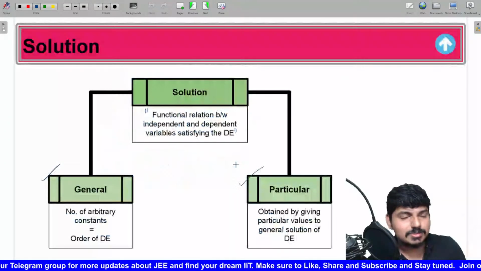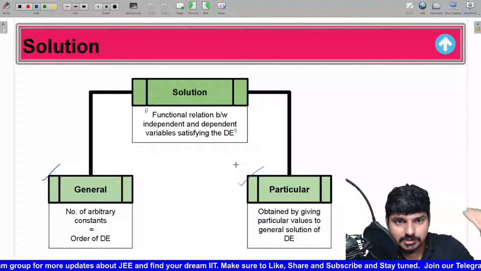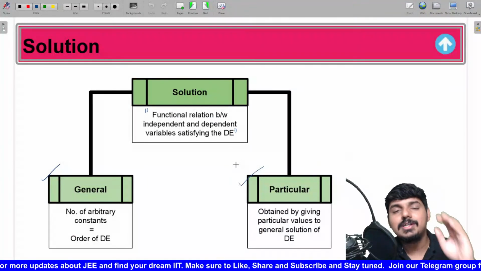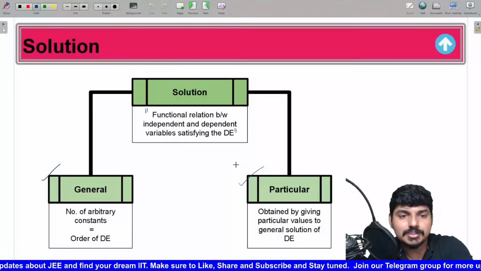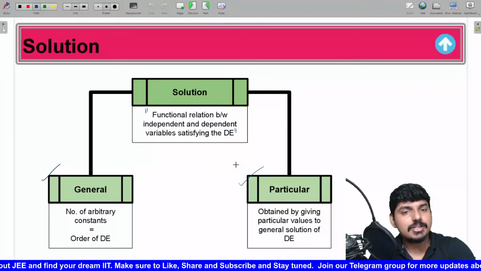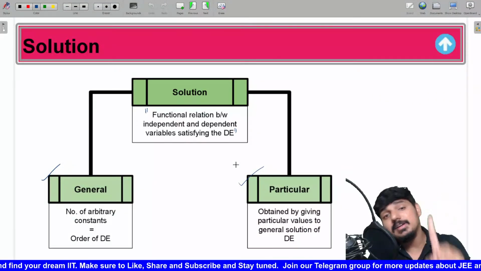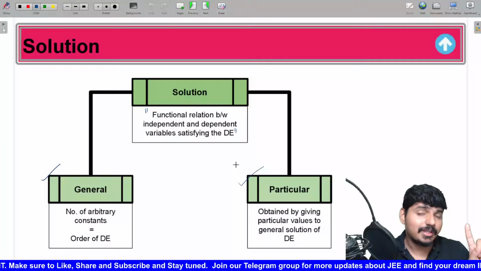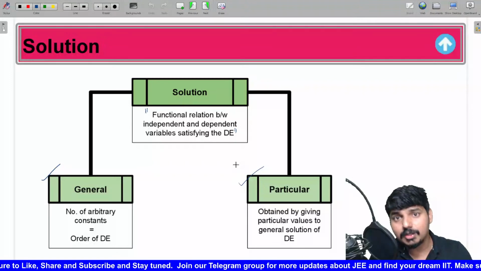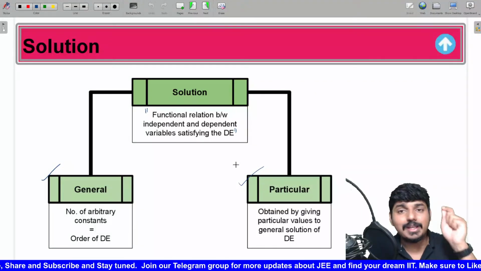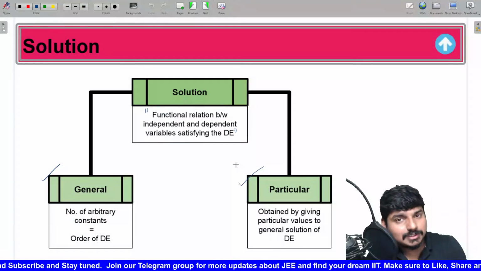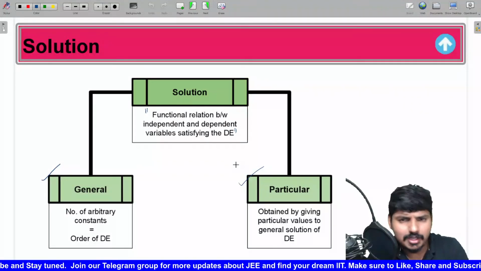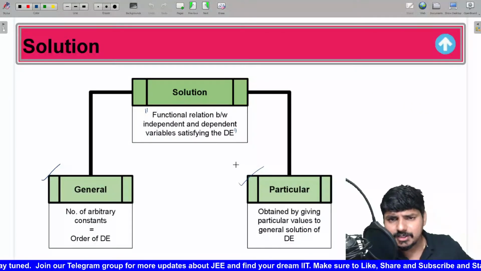I hope these two things are clear for you. So what is the solution of a differential equation? It's going to be a function which is going to satisfy the differential equation. And here we get two types of solution: the general solution in which the arbitrary constant is involved, and a particular solution in which the arbitrary constant is given a fixed value. I hope this is clear for you.